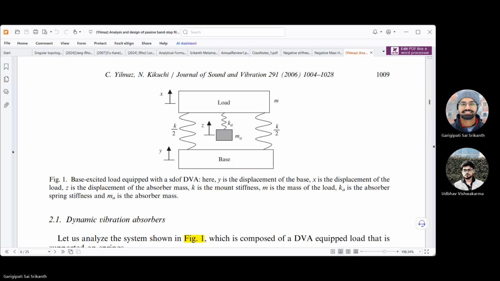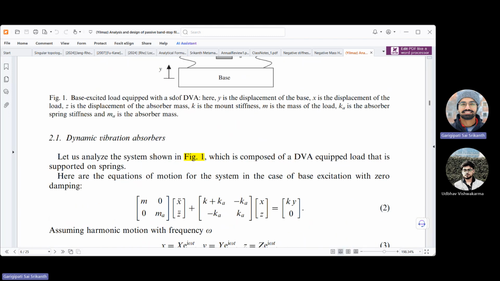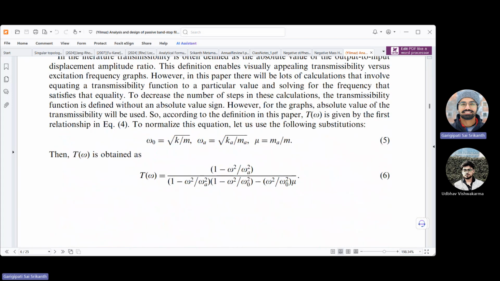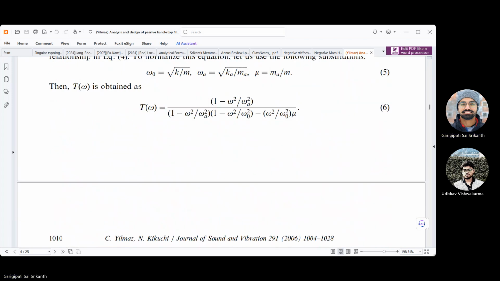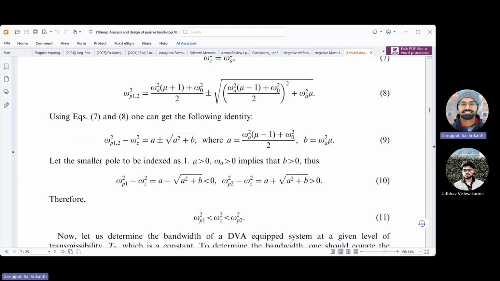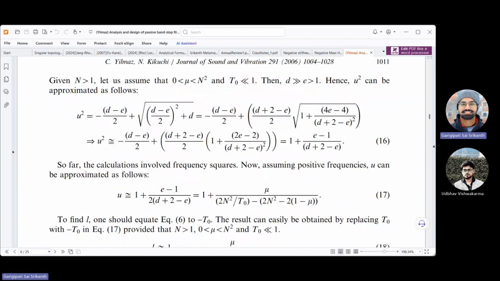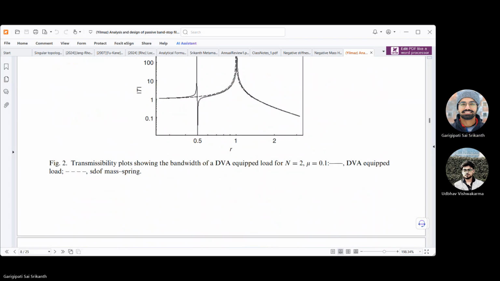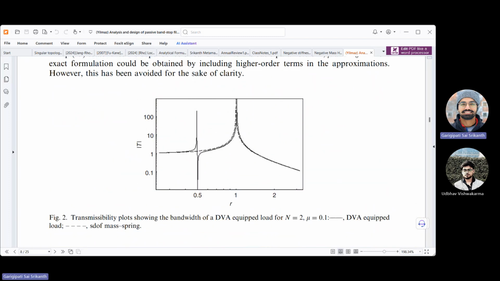However, now what they have done is they have added something else here. So the mode shapes will change. Let's see if there's a plot that depicts this. So, transmissibility.